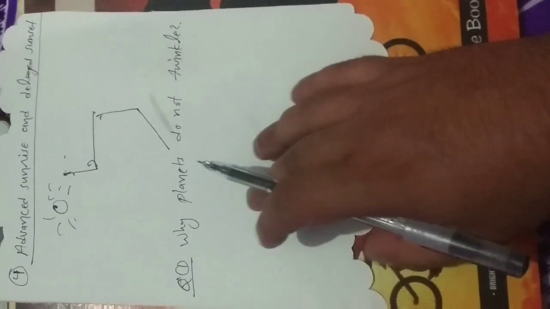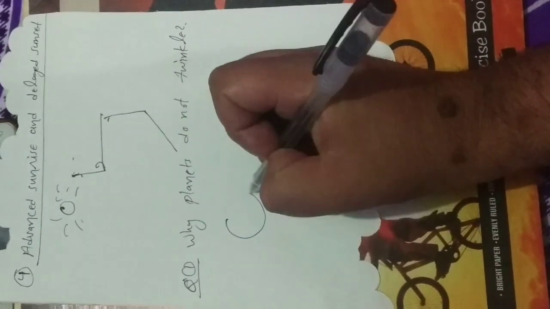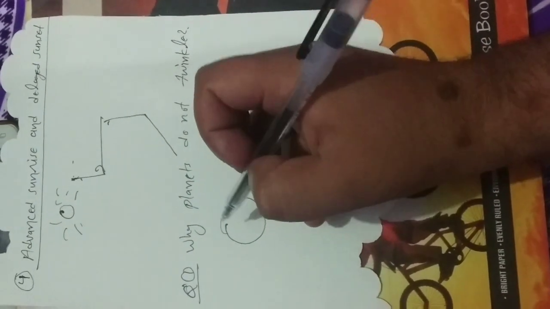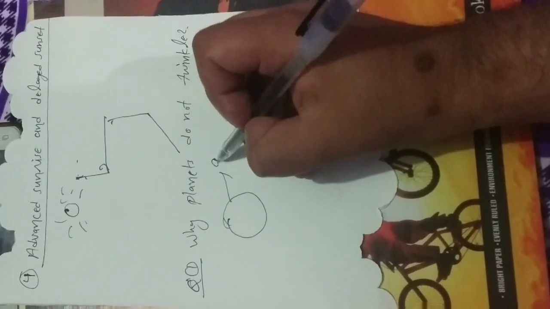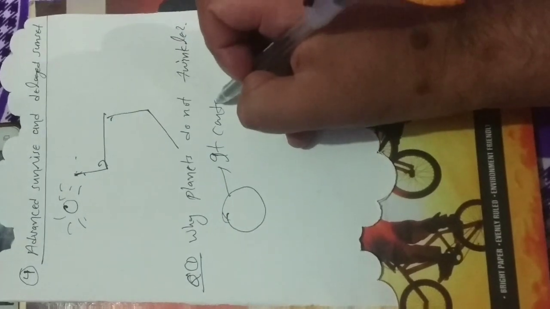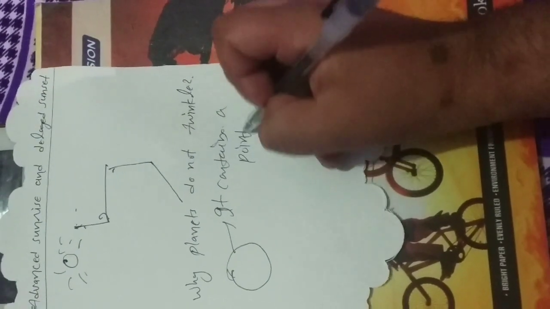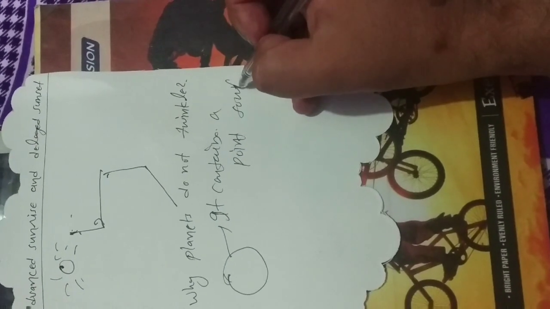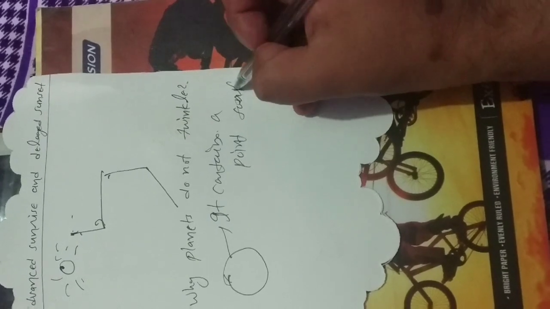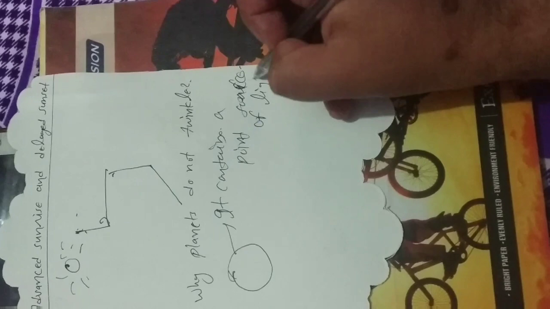The question is why planets do not twinkle. Because planets act as a collection of point sources of light.